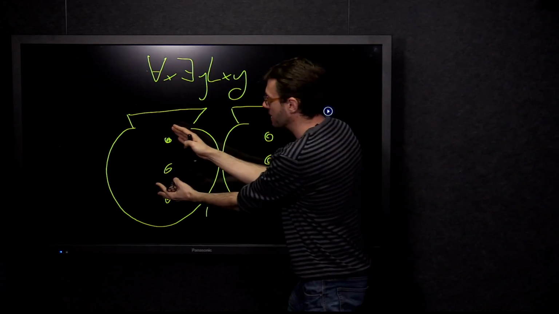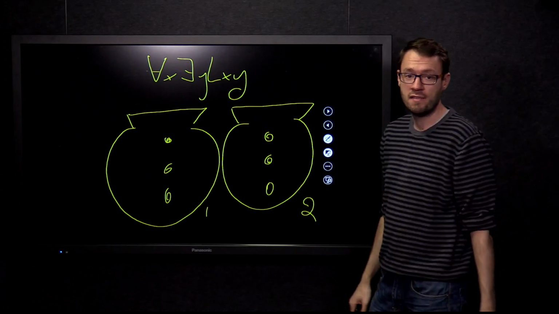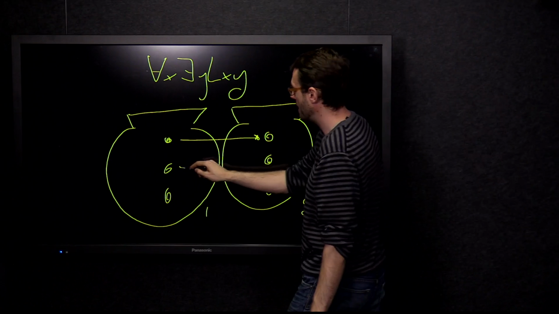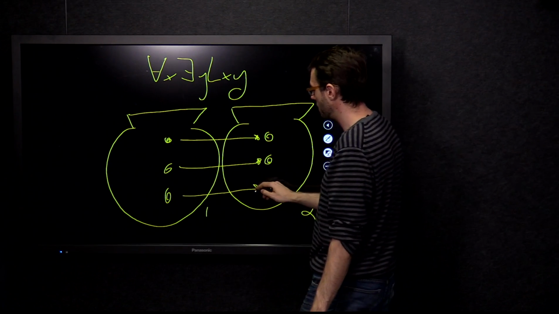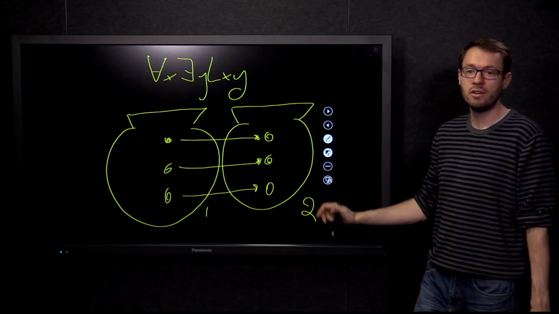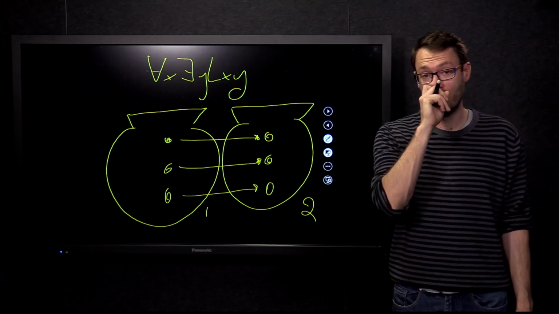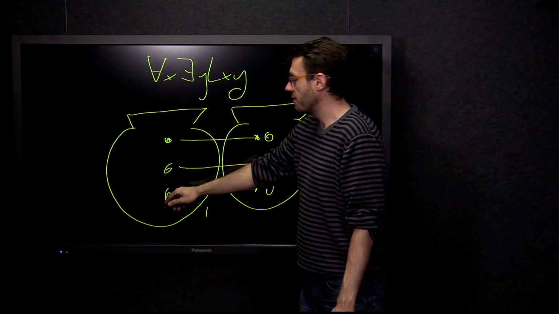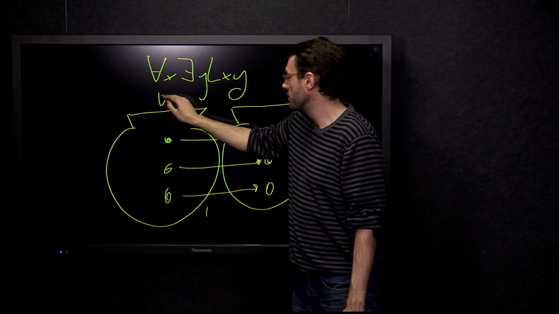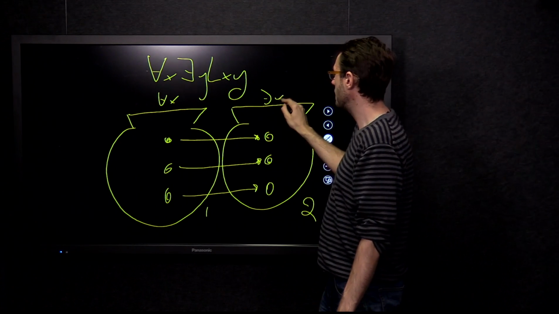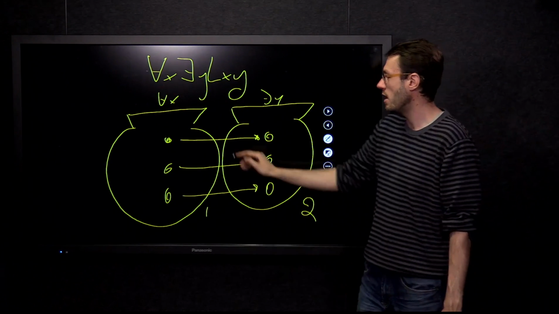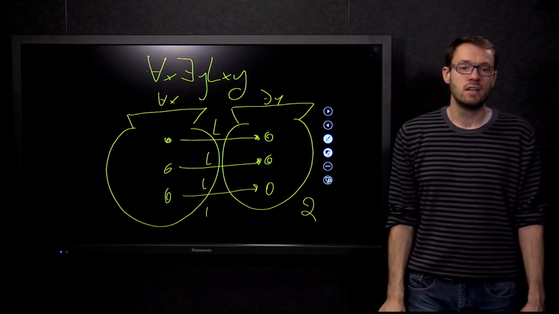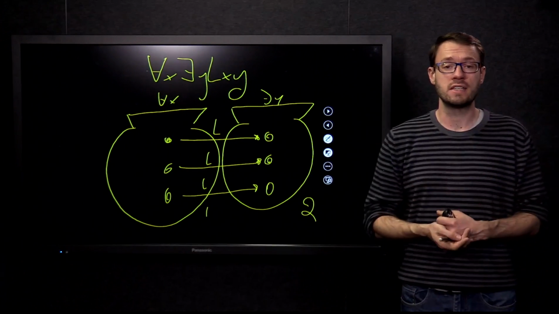So in order to represent this, we're going to have an arrow coming out of each of the things that we pick the first time into some or other of the things that we pick the second time. So here we've got all of the things on the left, corresponding to the universal quantifier, and then something on the right, corresponding to the existential quantifier, and we've got this loving relation connecting them. Okay? So this is what that sentence says: everything loves something.